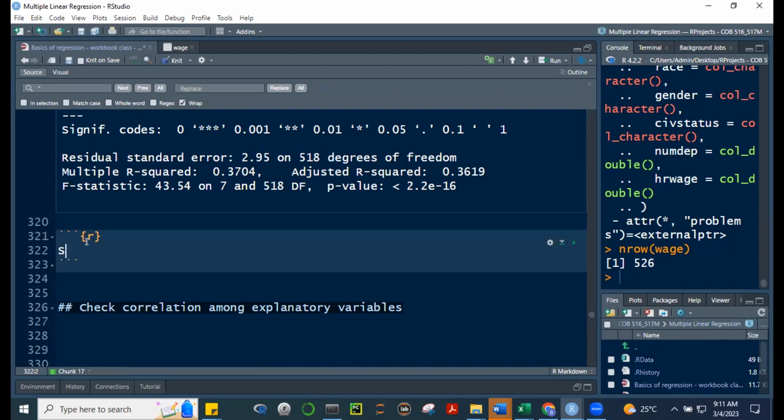We have what we call SST. Anyone familiar with this expression, SST? Sum of the squares total?